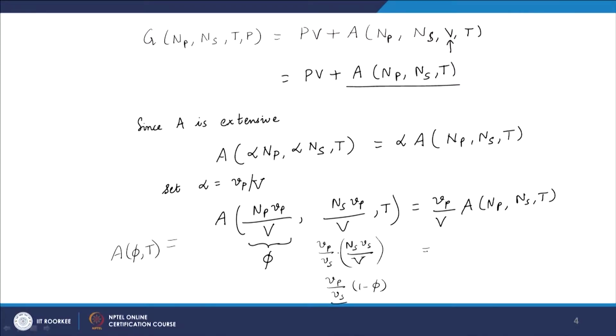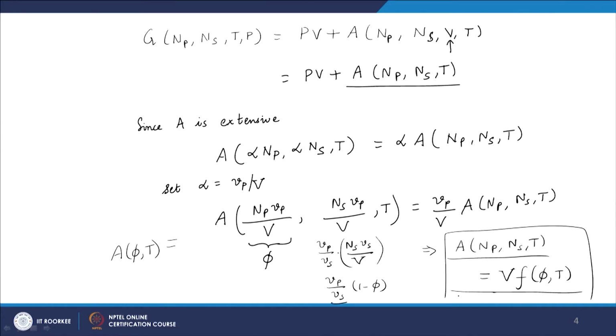And then what I can write is A(Np, Ns, T) is equal to volume times some function of phi and T, where basically I absorb the factor Vp by dividing A and call that thing F. The basic idea is that I am writing the Helmholtz free energy in terms of something we can refer to as a Helmholtz free energy density.